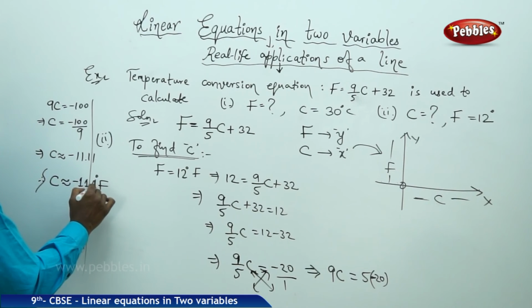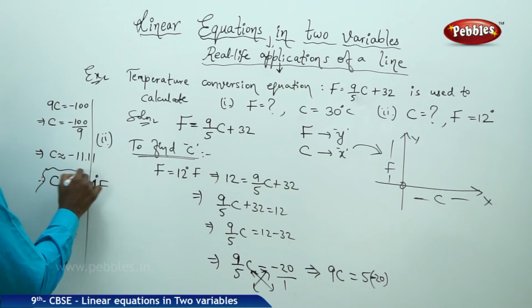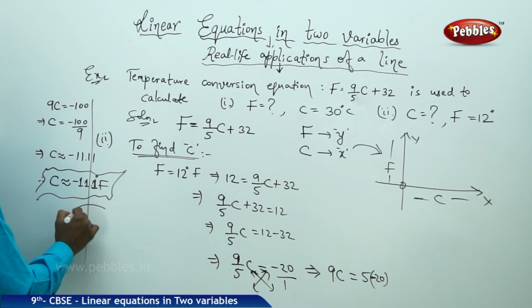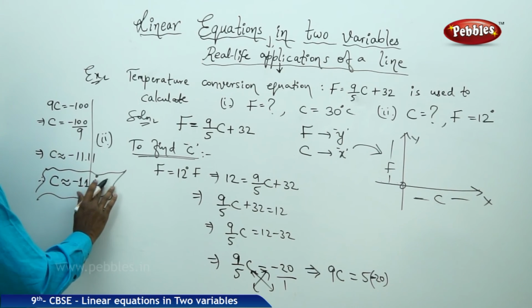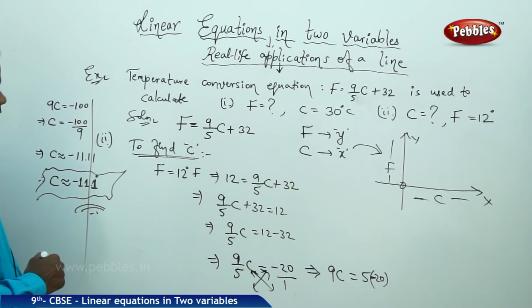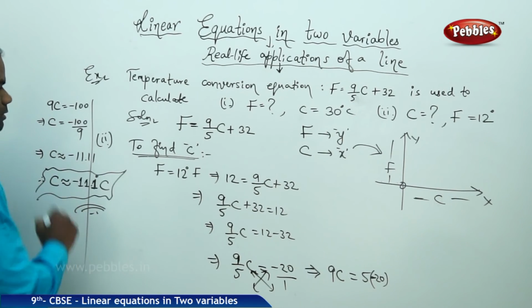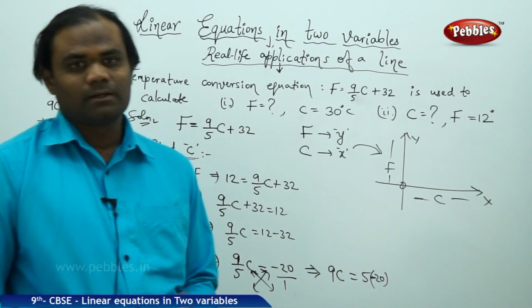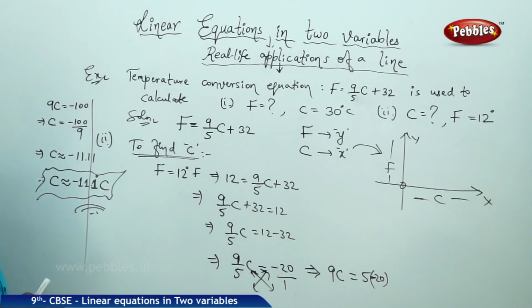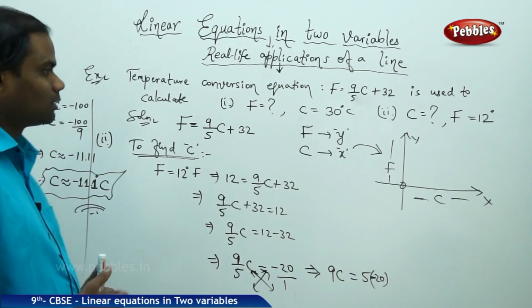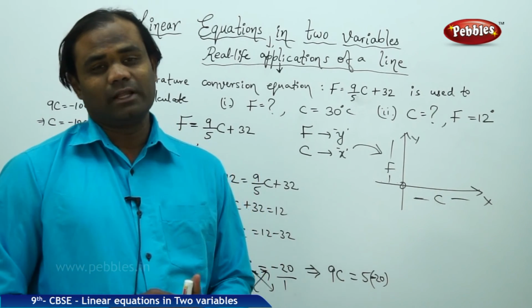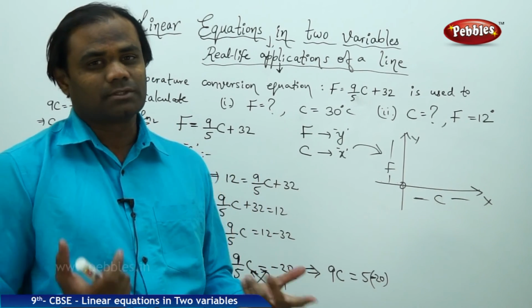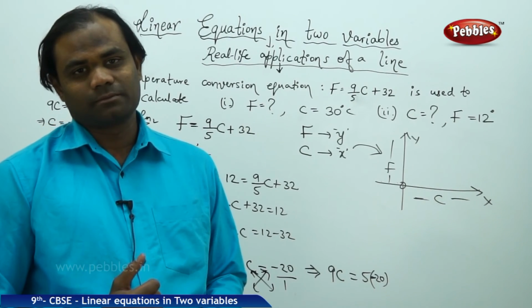This is how we understand the conversions as done from the Fahrenheit. So F equals 12 implies C equals negative 11.1, which is how we can find the values of the temperature conversions using the linear equation.